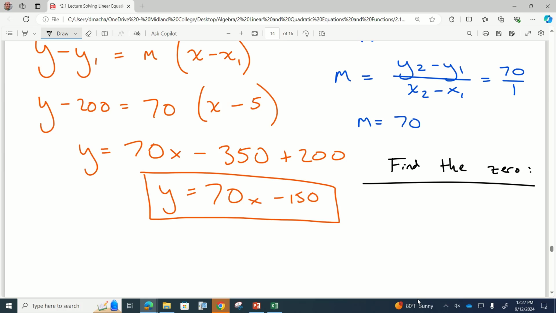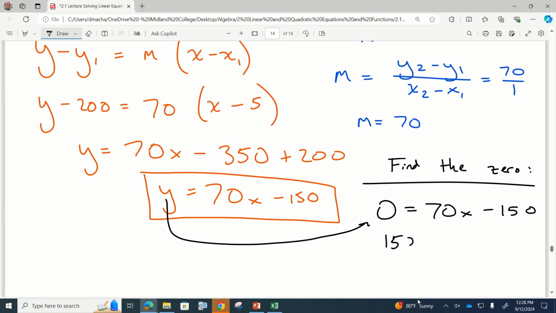The 0 of this function is the x value that makes my y value equal to 0. So just by writing y equals 0, I get that equation. And that means 150 is equal to 70x.